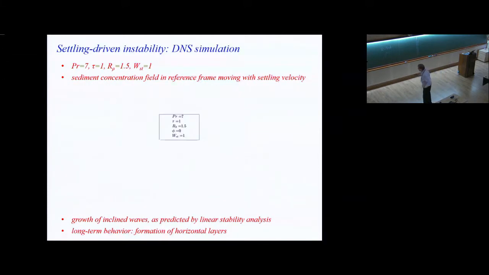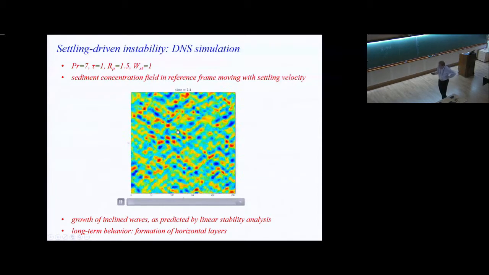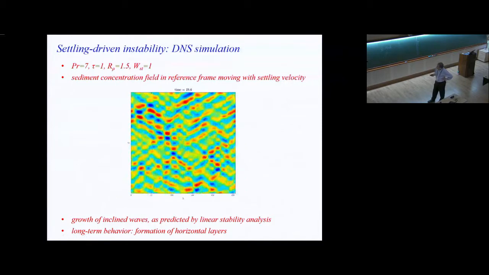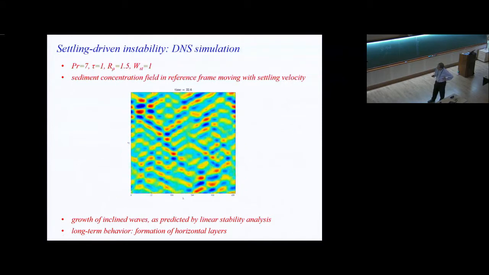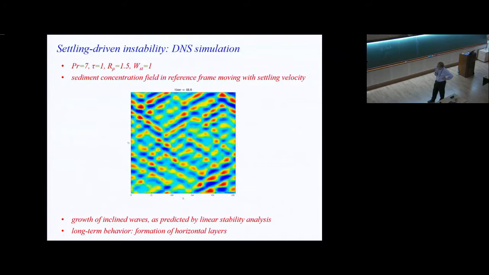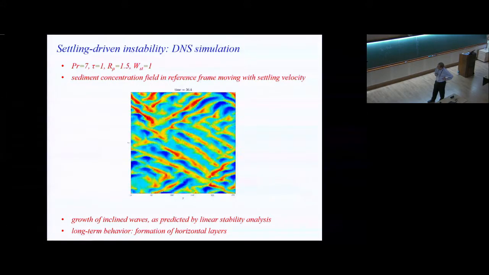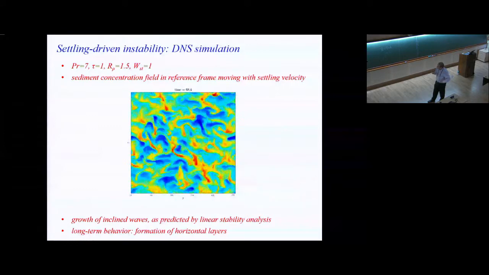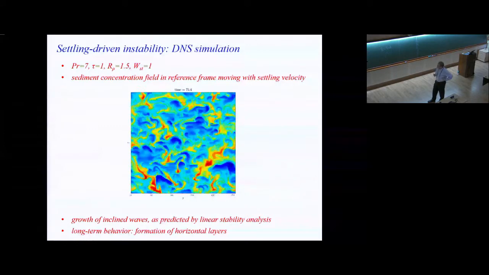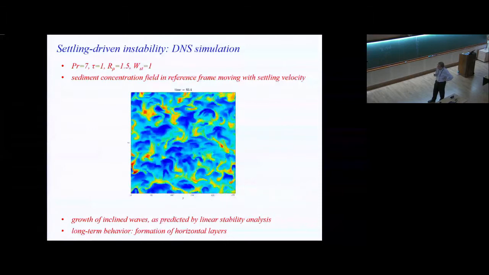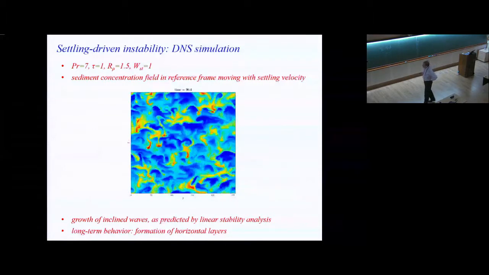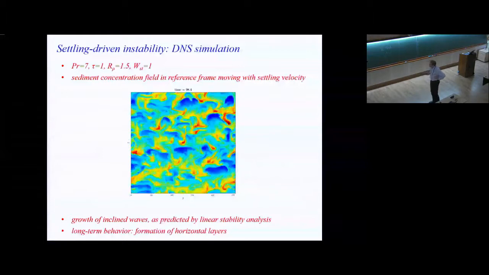So let me show you a movie of this simulation. So we start with a random initial perturbation, and then we see how this small random perturbation results in these oblique wave pairs, and then we see the secondary instabilities of these layers that form, and eventually a reorganization into horizontal layers after a long time.